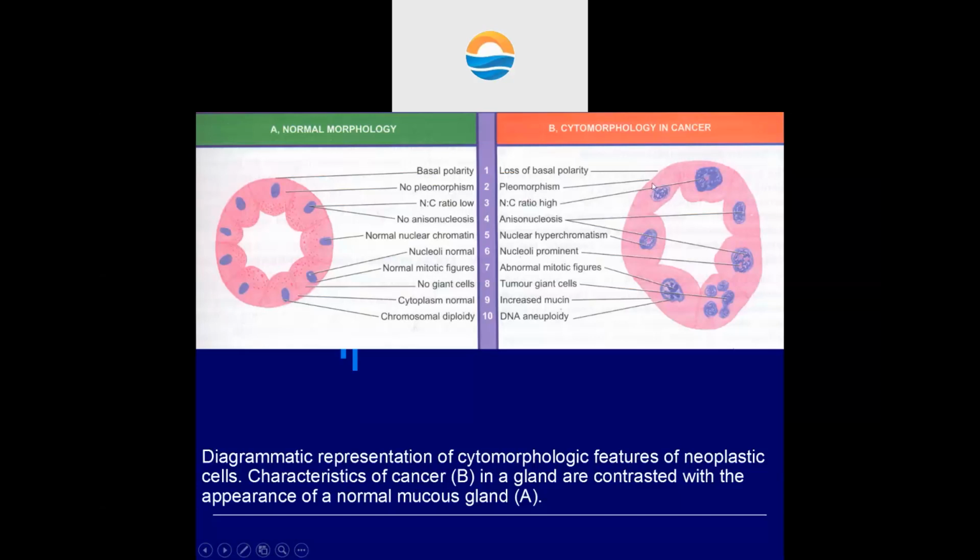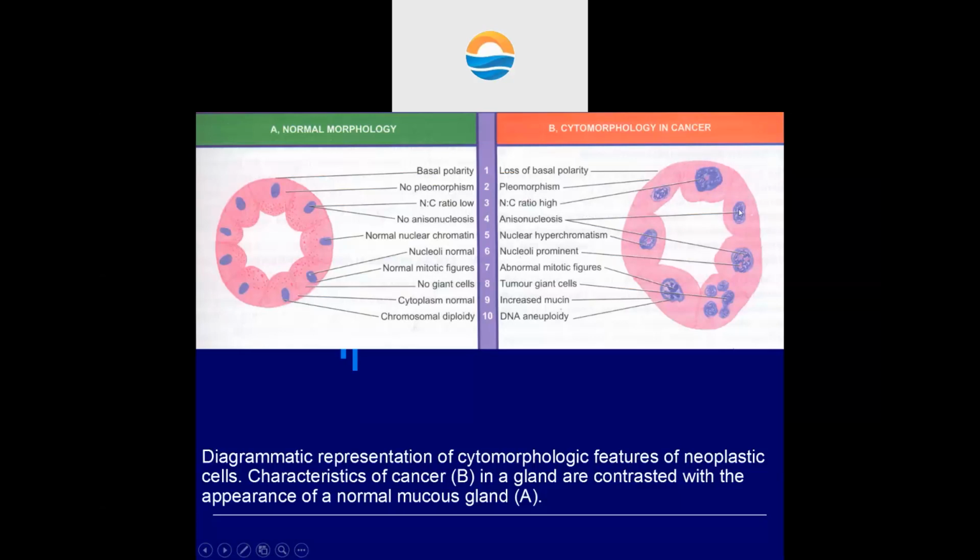It means the nuclear area is bigger than in the case of a normal cell. So the nuclear ratio to cytoplasm is also increased.